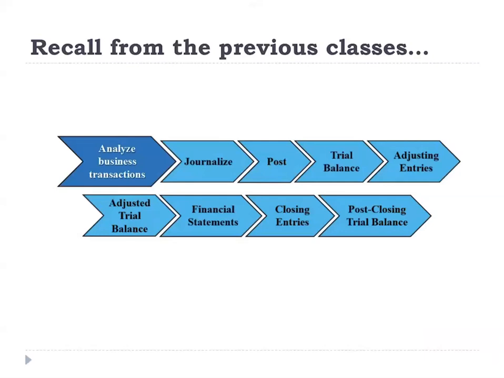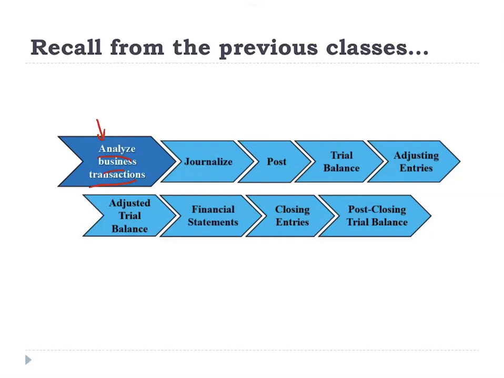In the previous class, we talked about the 9 steps of the accounting cycle. Specifically, we started with analyzing the business transaction. A business transaction can be any event that happened to the firm.